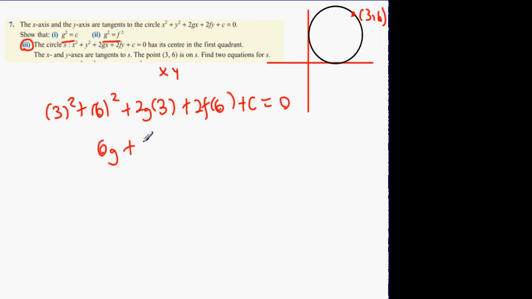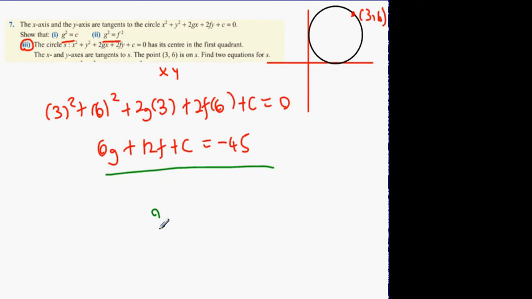That gives 6g plus 12f plus c equals minus 45, since 9 plus 36 is 45. We're a little lacking information at the moment. Find two equations: there's one equation.